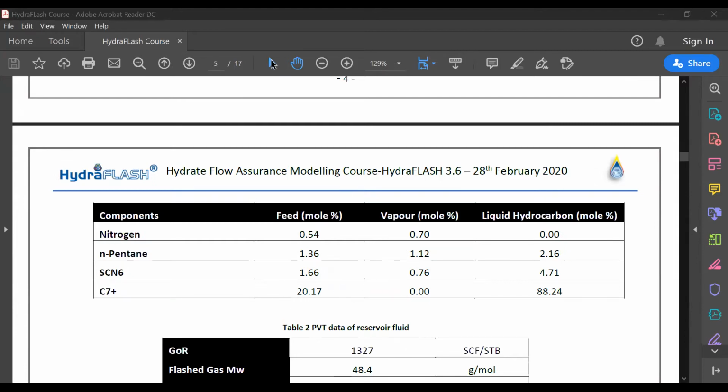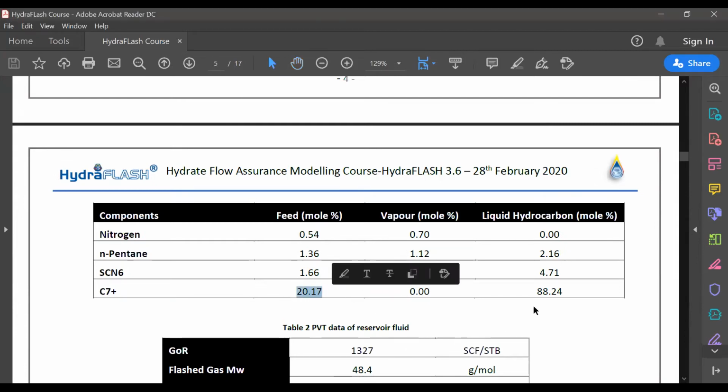You see that C7 plus is 20.17 mole percent. That is a light oil, because as you know, a C7 plus below 12.5 is gas condensate. So this is a very light oil, probably a volatile oil, most likely a volatile oil.